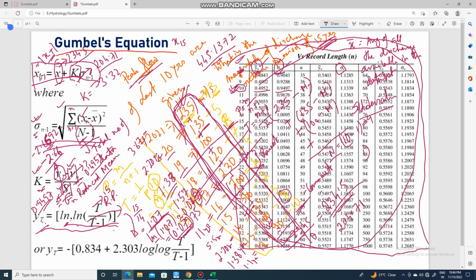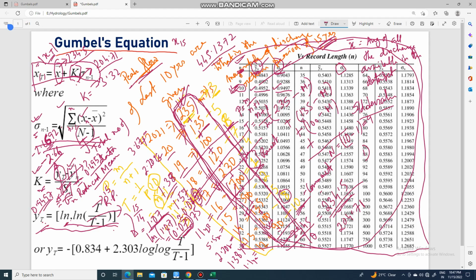So for 10 data, the corresponding reduced mean is this and the corresponding sigma is this. Straight away you can find the value of yn bar and sn. This sn is the same as sigma n.